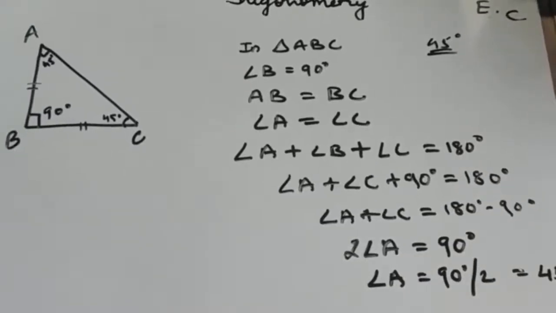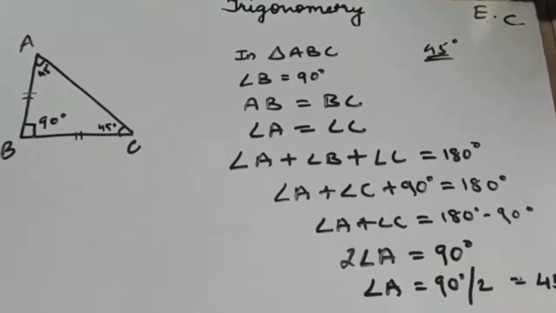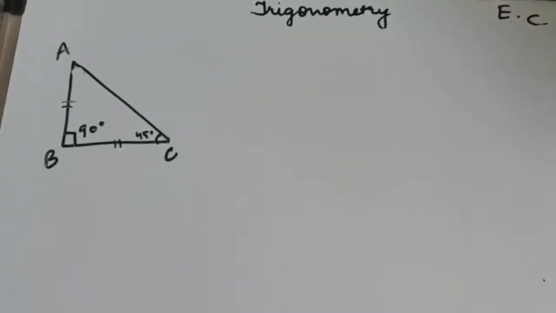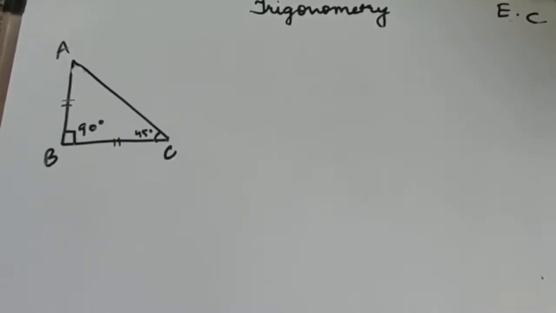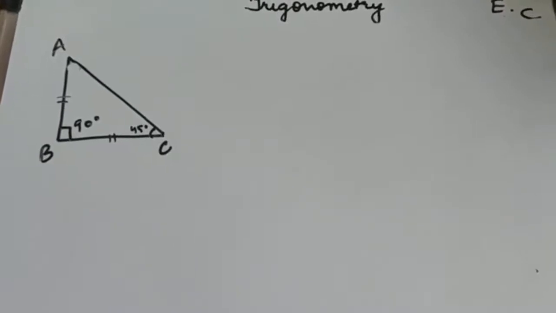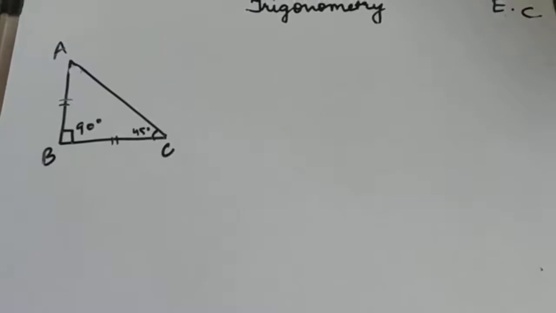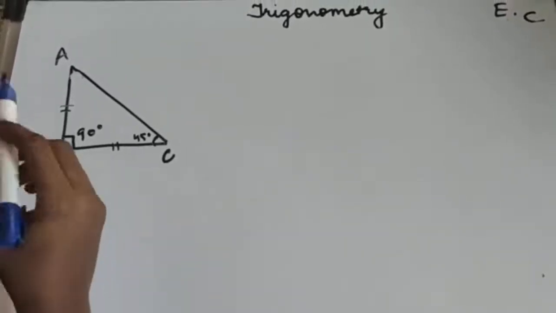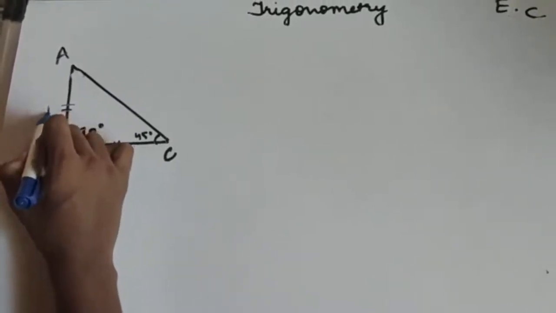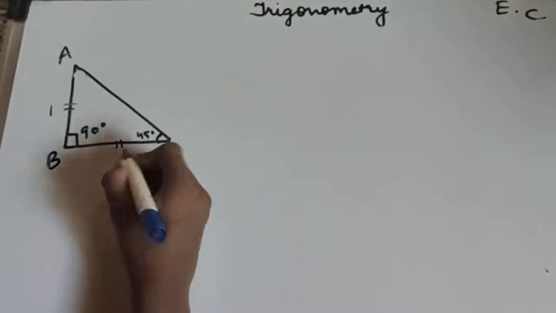Now let's find the values for different trigonometric ratios at 45 degree. Since we have learned that in any right angle triangle, if the two sides are of equal length, the two unknown angles other than the 90 degree will be the same, that is 45 degree. So now let's derive the values. For that, let's suppose side AB is equal to 1 and side BC is equal to 1, 1 unit each.